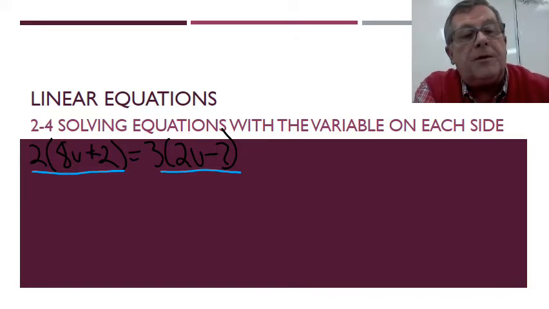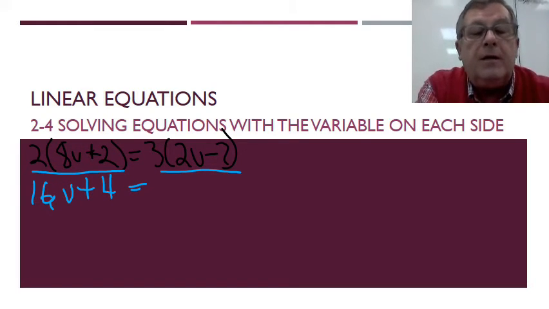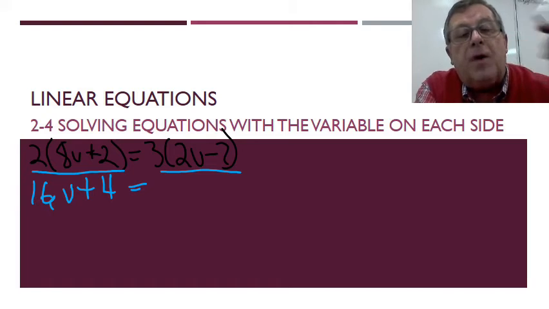First, I'm going to distribute this 2 to what's inside this parentheses, 8u plus 2. So when I do that, I got 16u plus 4. Now, I've got to distribute this 3 to the 2u minus 7.